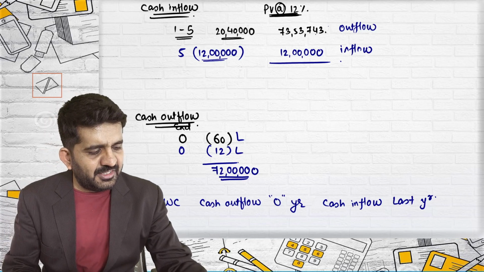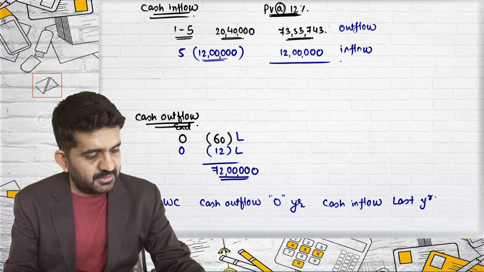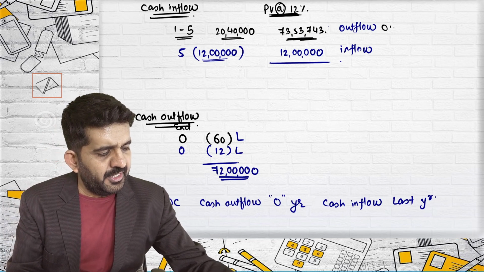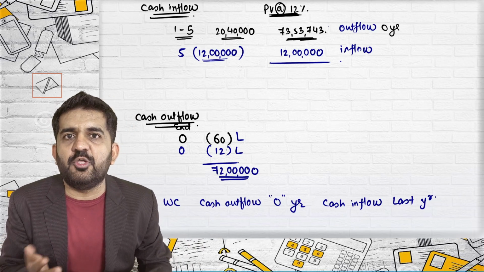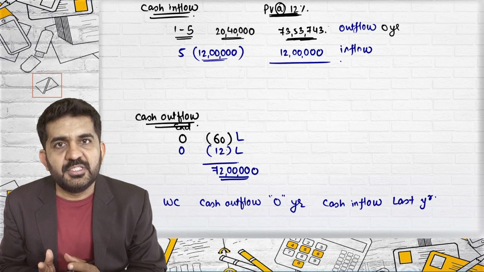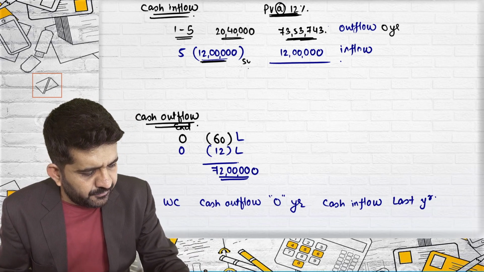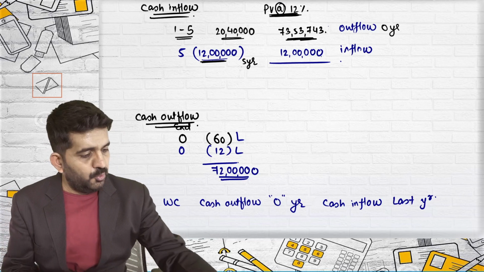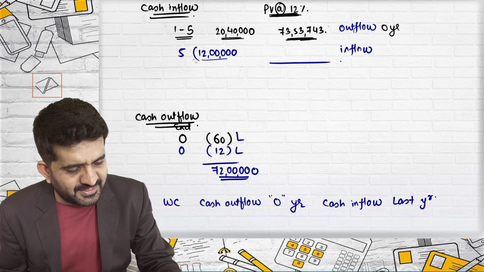The 73 lakh 53,743 is at the end of 0 year. I have already found out present value. Present value means it is at the end of 0 year, right? This is at the end of 5th year. You cannot subtract it directly from here. You will have to find out present value of this.